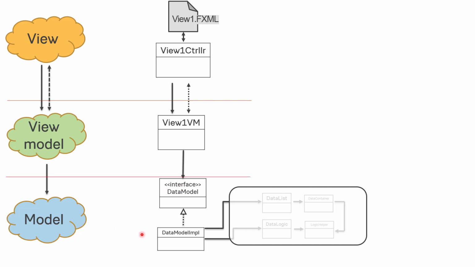But you could create a dummy model and then use that instead, and because they use the same interface, it's easier to swap out. So your view model here just knows about an interface called data model. It doesn't care about whether that's a data model implementation or a dummy model implementation or something else. So the interfaces here, in general, they provide flexibility in your system, meaning that it is often easier to work together on these projects.